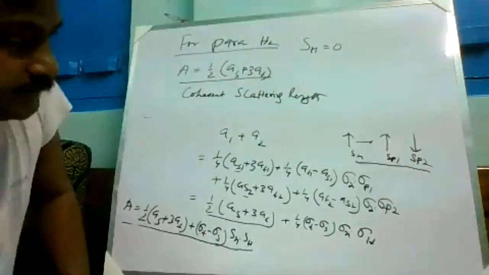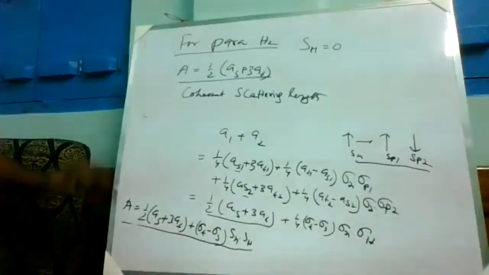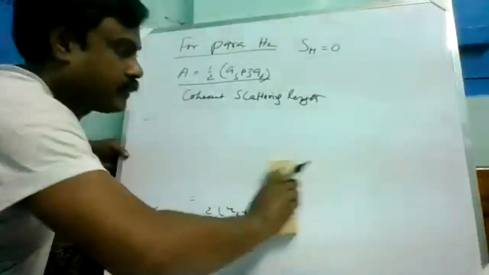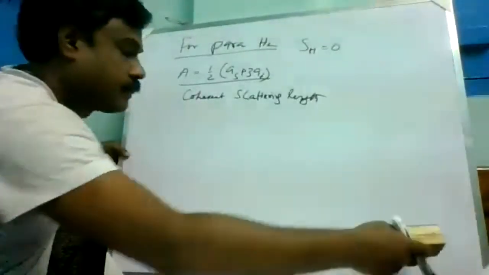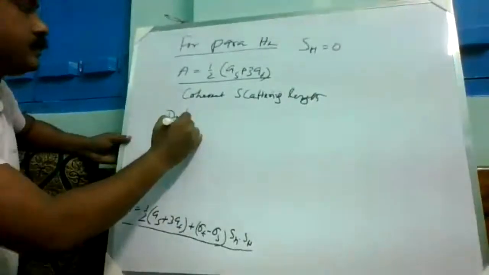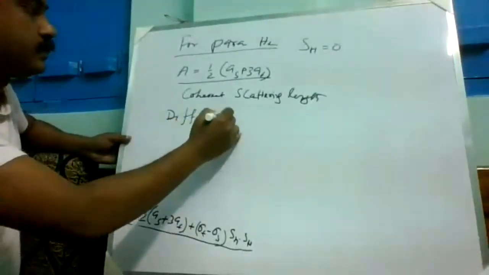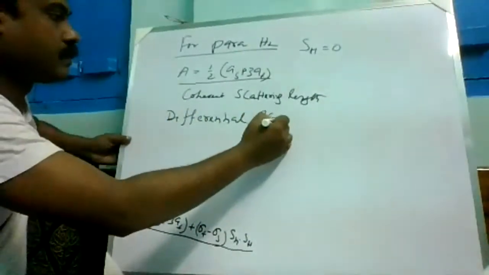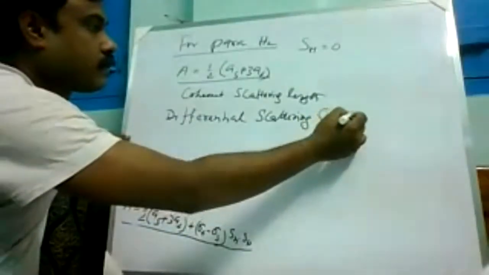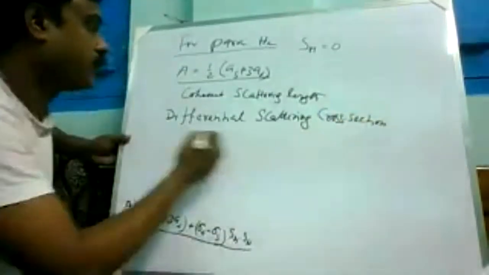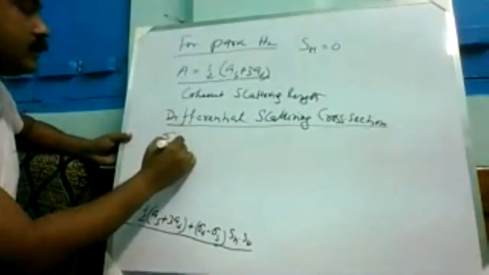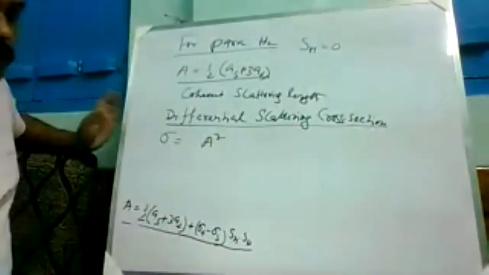Now we have to calculate the differential scattering cross section. Sigma equals |A| squared, right?